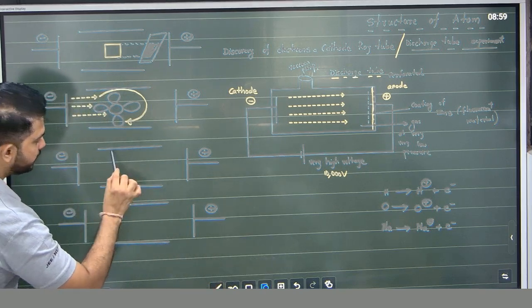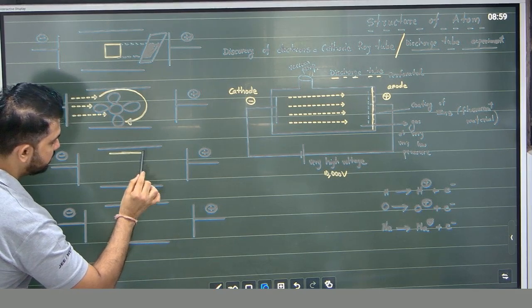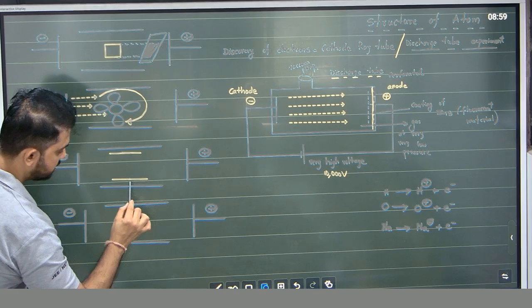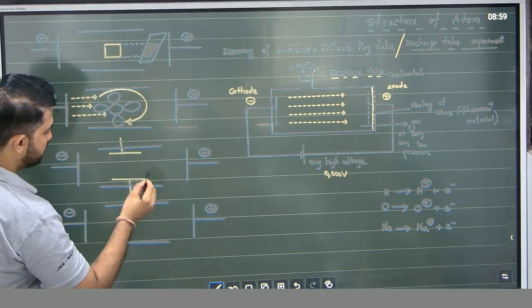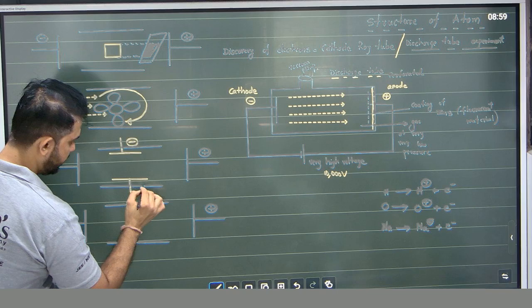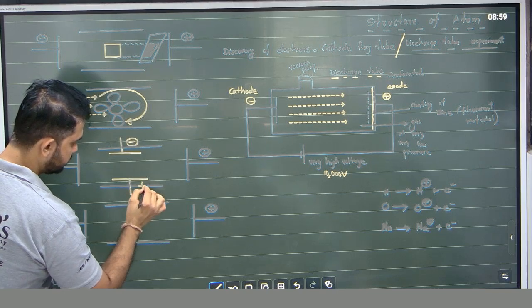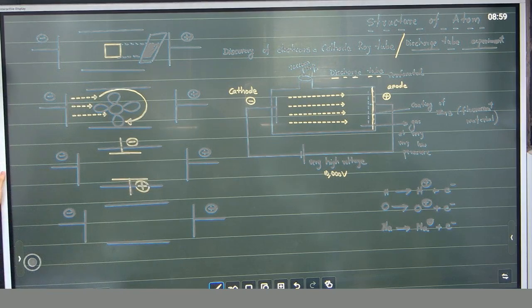Between the cathode and anode, here also we can place electric fields. So let's say here we placed a negative field and here we placed a positive field. So the particles will get deflected towards which of the two electrodes?